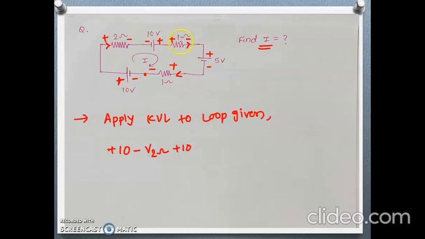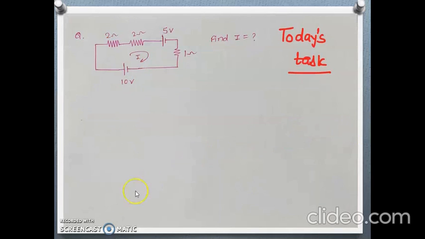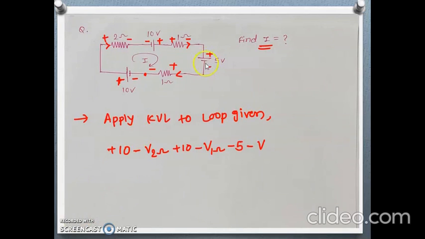Then positive to negative is a voltage drop, so minus 5, and minus voltage across 1 ohm. Then coming back to this position equals 0, because the algebraic sum of voltages around a closed loop equals 0.